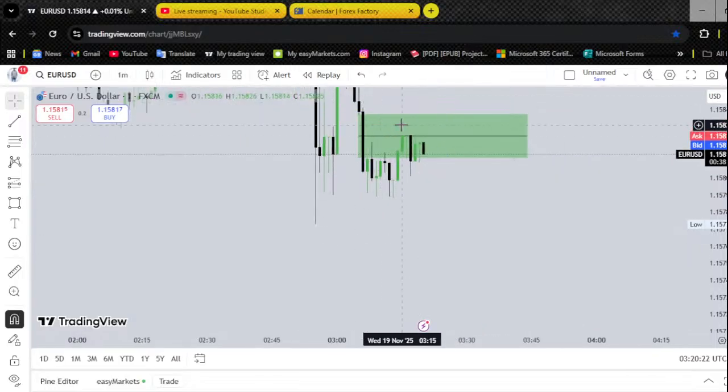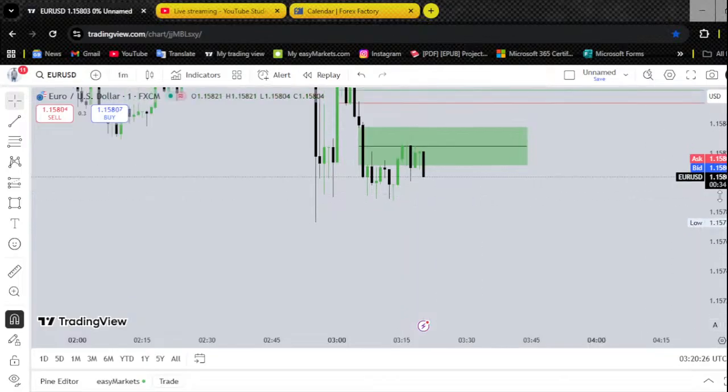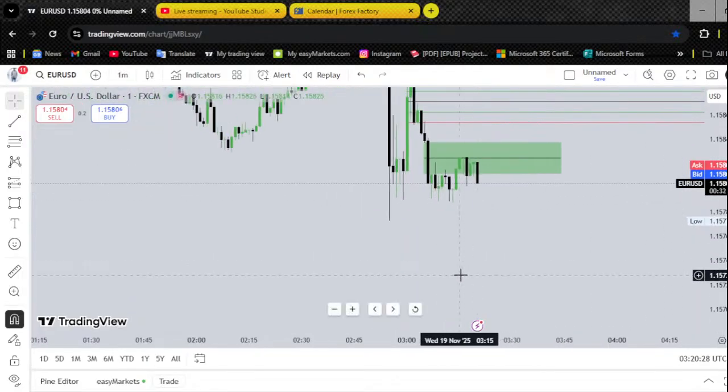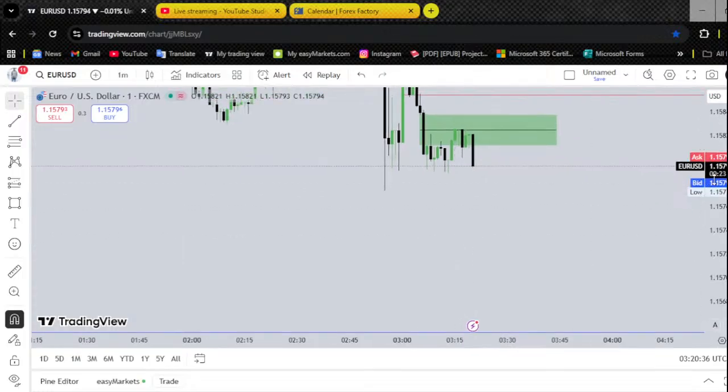This time distortion within that discount part of this fair value gap. That's a good one.